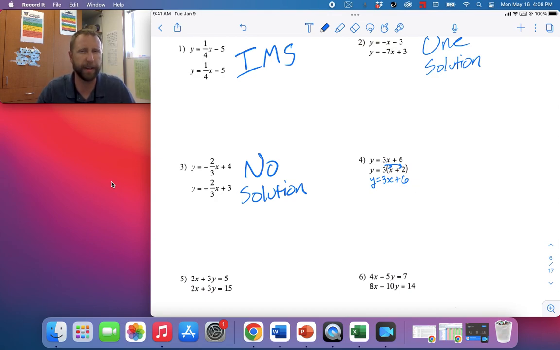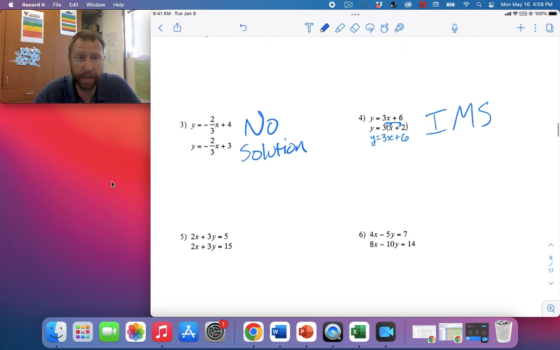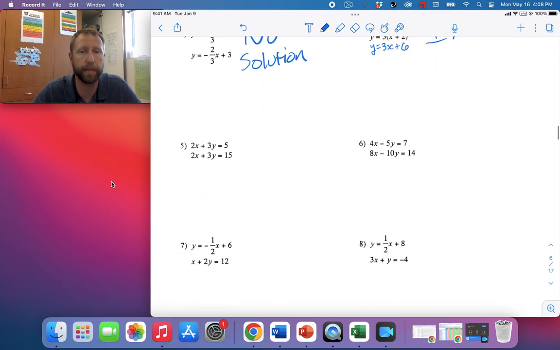That's what I was trying to tell you. They're not always going to do it like number 1, where everything just looks exactly the same right off the bat. Sometimes they do it like this, or they'll even do one where one is in standard form. So in this case, it is infinitely many solutions because everything's the same, slope and the y-intercept.